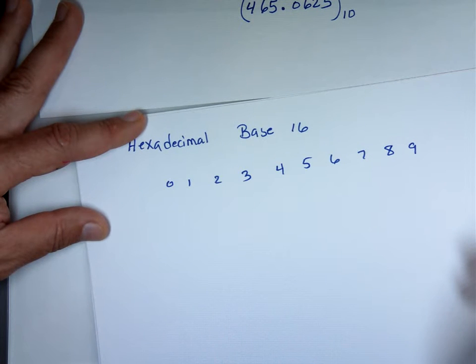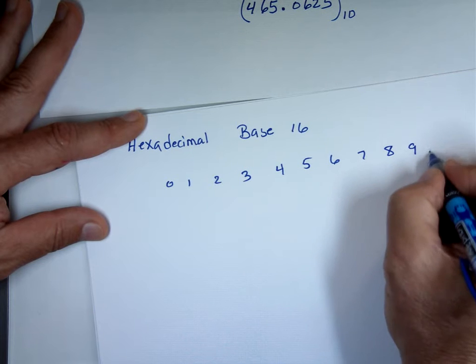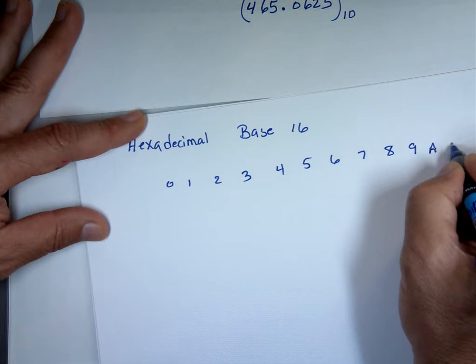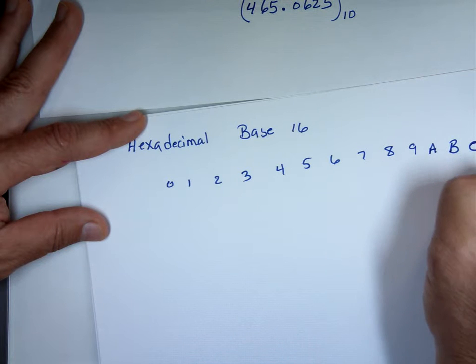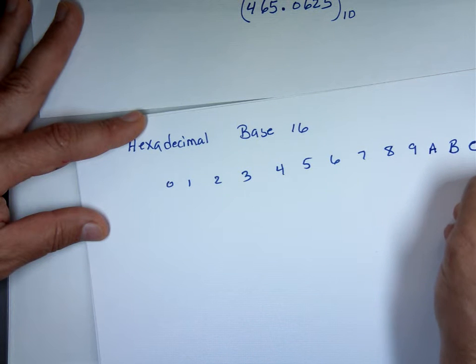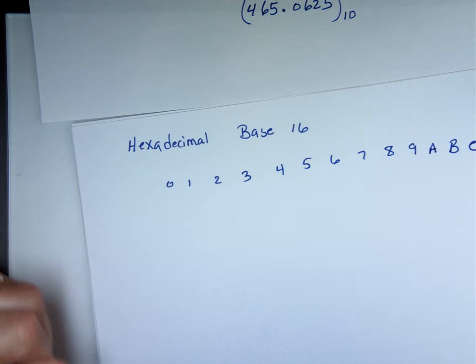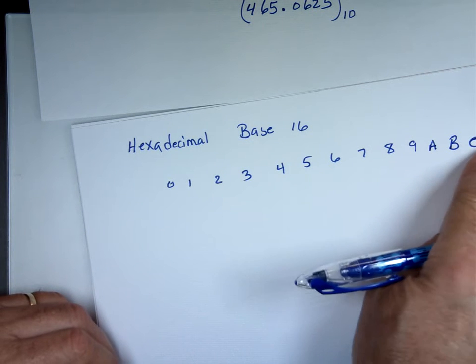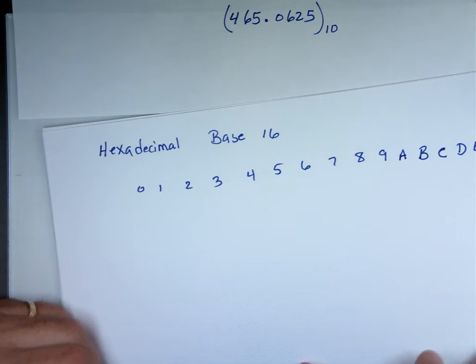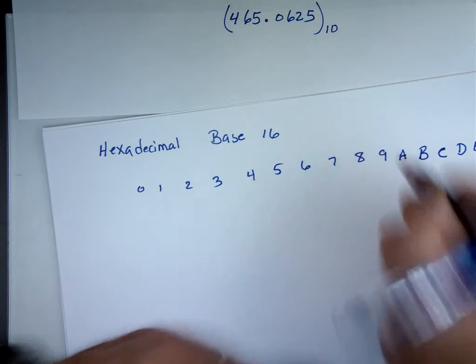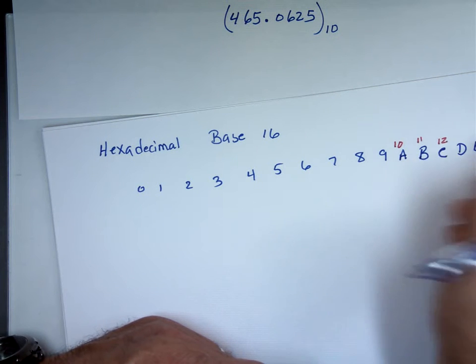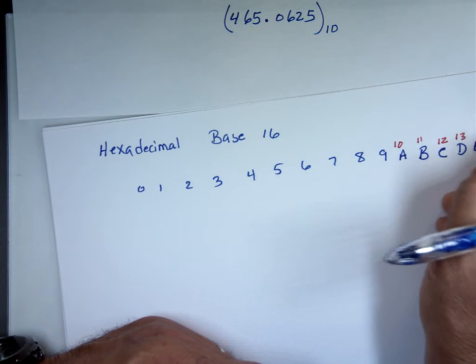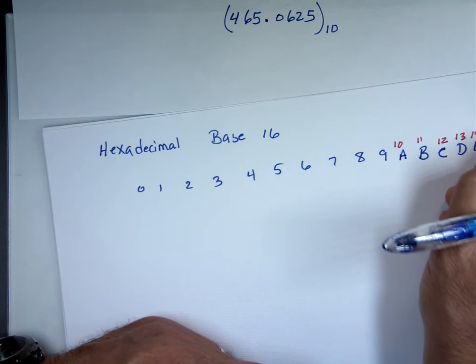Well, in place of 10, we use A, 11, B, 12, C, D, E, F. 10, 11, 12, 13, 14, 15. So A is 10, B is 11, C is 12, D is 13, E is 14, and F is 15.